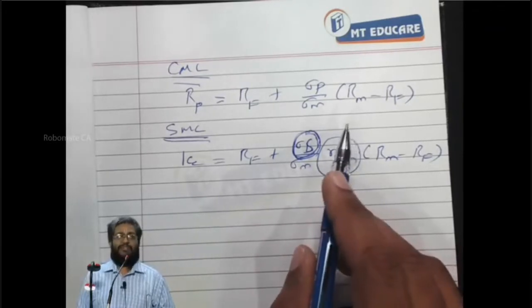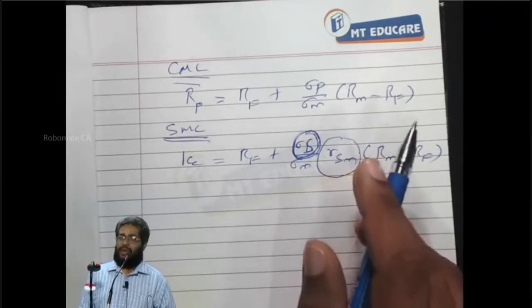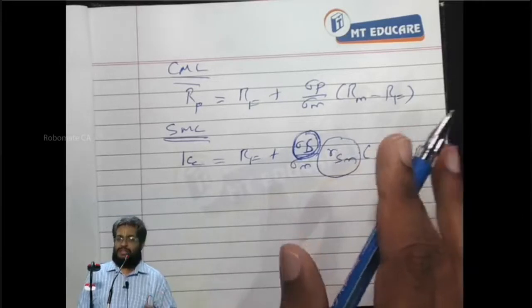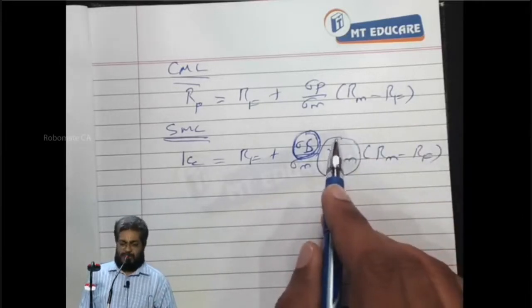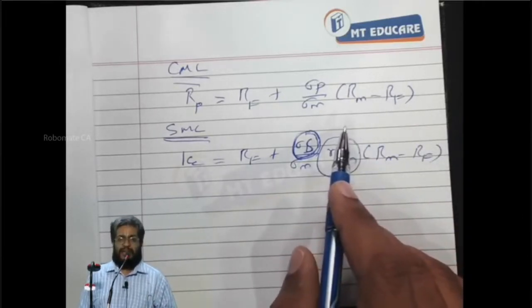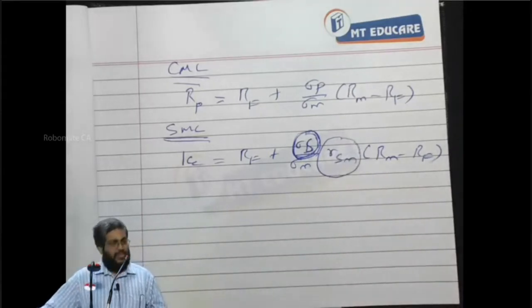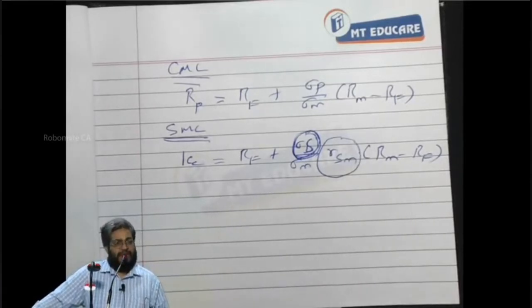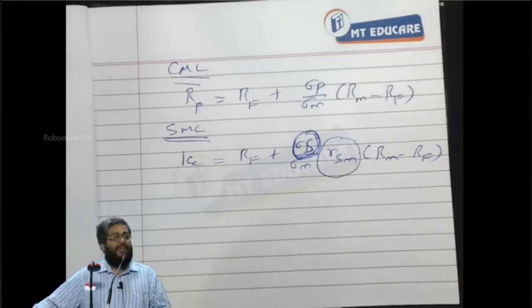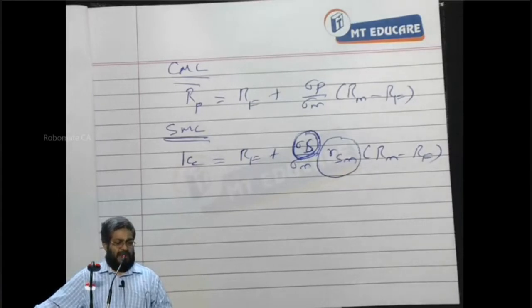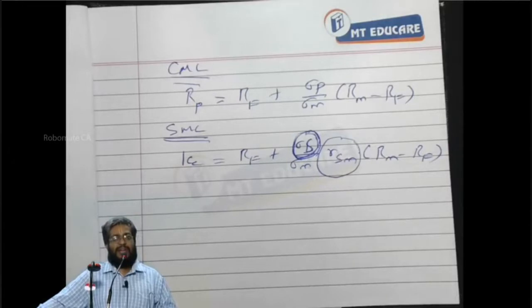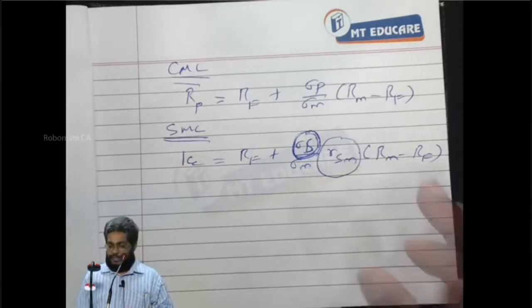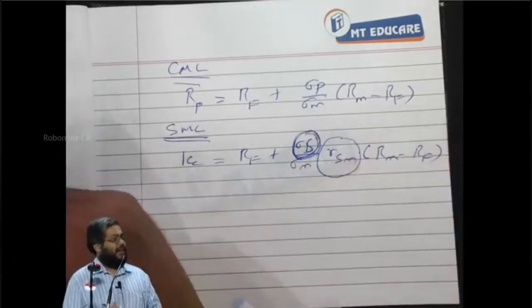The investor should ask for a risk premium only for systematic risk, because unsystematic risk can be diversified away. Up to this, everybody, are you comfortable or not?